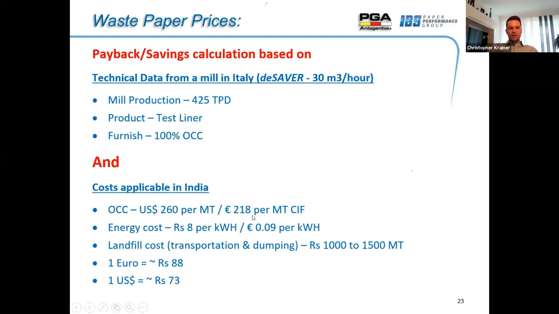That means 218 euro per ton in Europe. Energy costs around 8 rupee per kilowatt hour. The landfill costs, transporting and dumping are between 1,000 and 1,500 rupee. For your explanation, 1 euro is 88 rupee and $1 is 73 rupees.